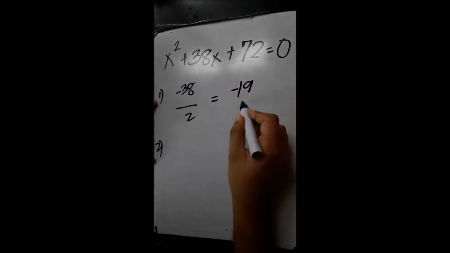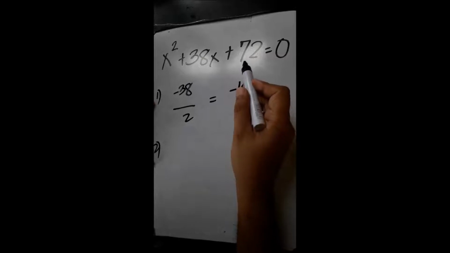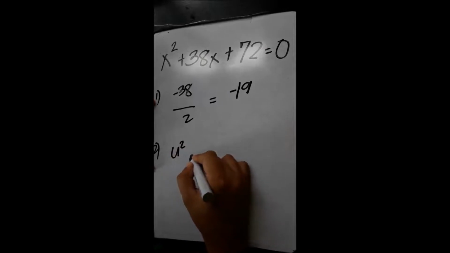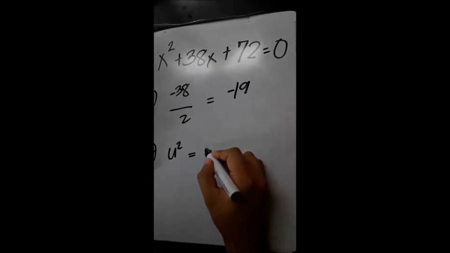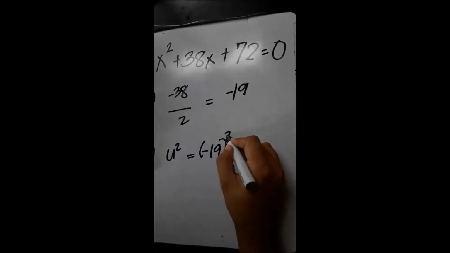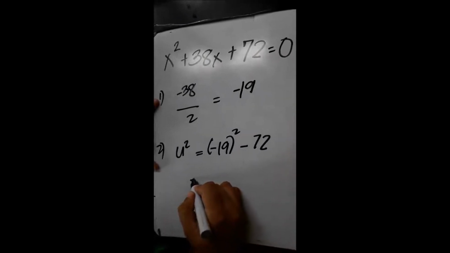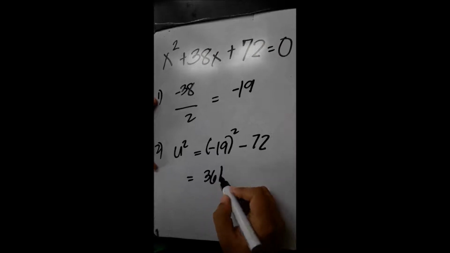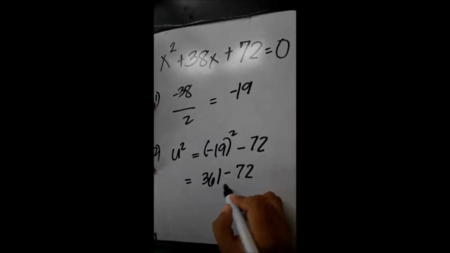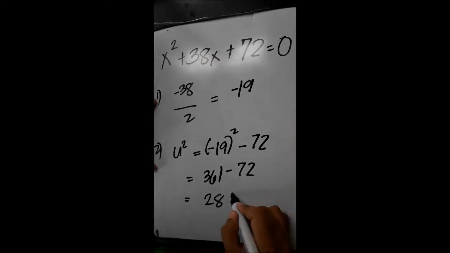Next step is we square negative 19 and we subtract 72 from it. We denote that by u squared. So u squared is equal to negative 19 squared minus 72, and simplifying that, the square of negative 19 is 361, minus 72, and this is equal to 289.